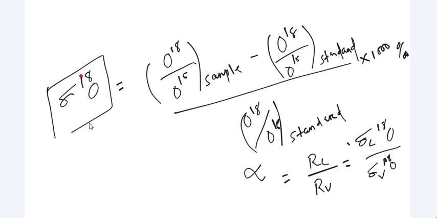That means the isotopic fractionation of oxygen in liquid divided by that in vapor. Understood? Or is anything confusing? This is the isotopic fractionation factor alpha 18.